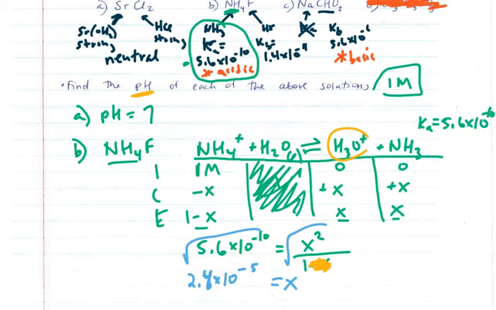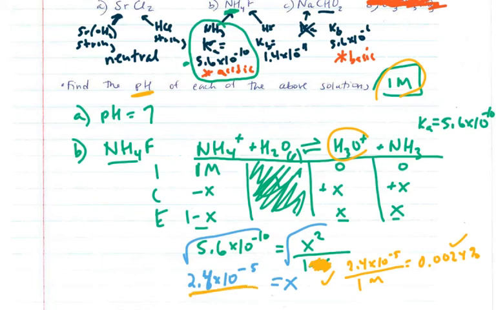All right, so we should check that this is valid. 2.4 times 10 to the negative 5, is that less than 5% of 1 molar? And yes, it is. Times 100 is still 0.0024%. So this is valid. Cool, we can use this x approximation. And this is our x.